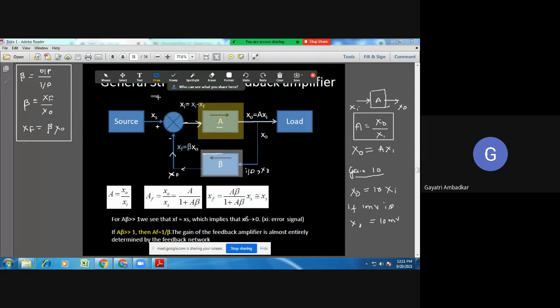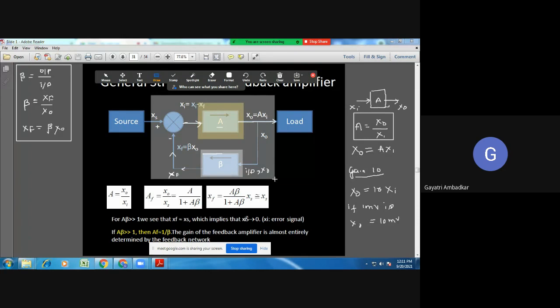When I say feedback network, I need this portion. I will take a part of the output XO signal and give it to the beta network, or feedback network. The feedback network will provide its output, and that output will be given to the block called the mixer.